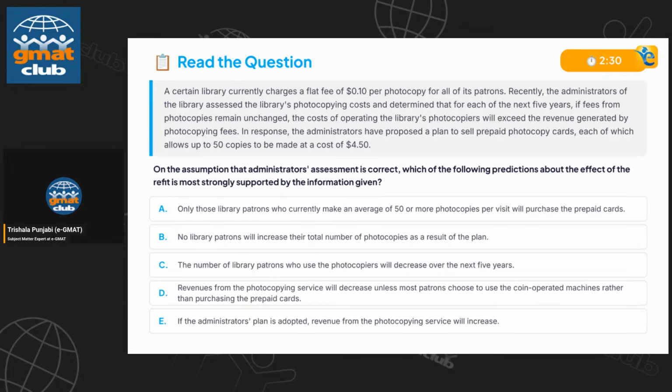Why are you not convinced that E is the right answer, Aman? There was a mention about private and public. Wait, just give me 1 second.